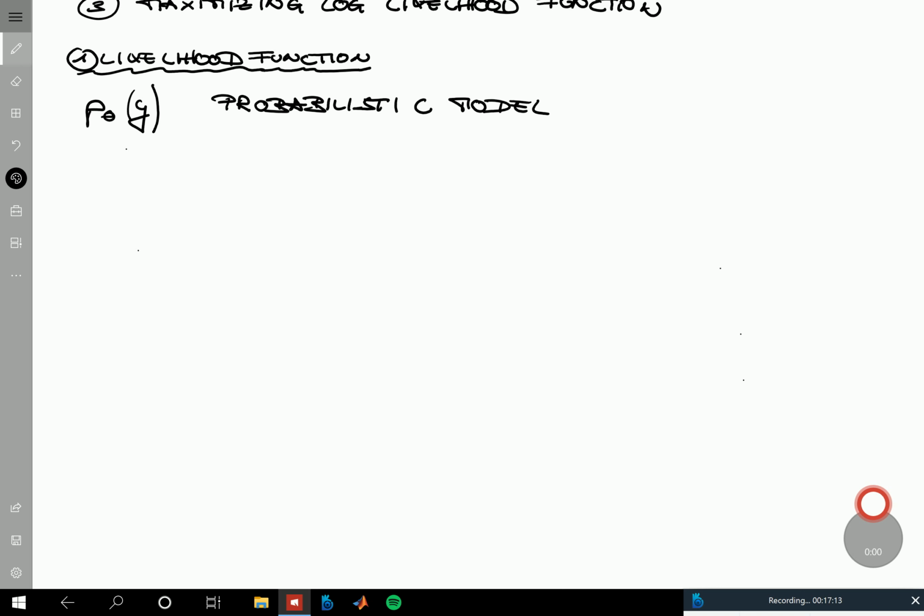And y here is the data, and theta is some parameter. And it's important to note that this probability distribution over the data is parameterized by theta. It's not conditioned on theta. This would be a Bayesian scenario where the parameters are also conceived as random variables. Here, the parameters are not random variables, and hence they are not conditioned on.